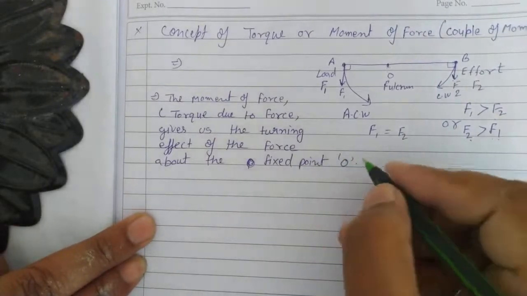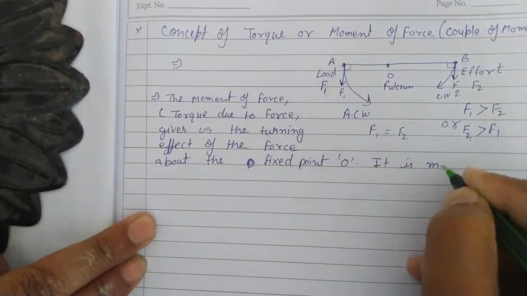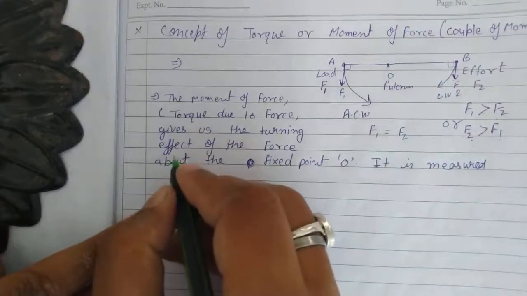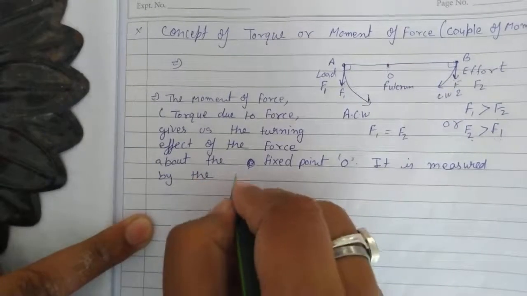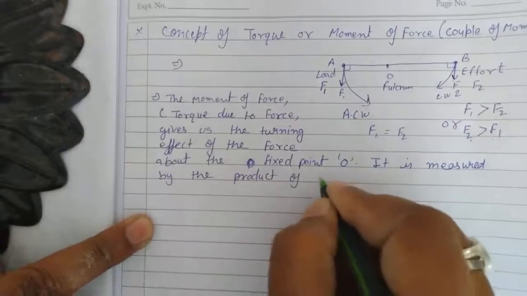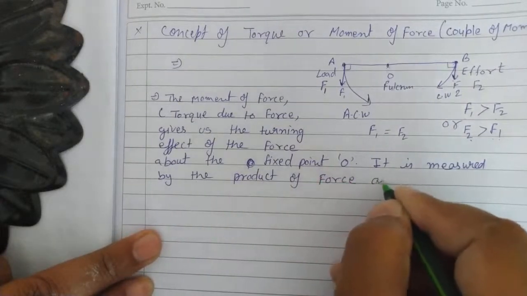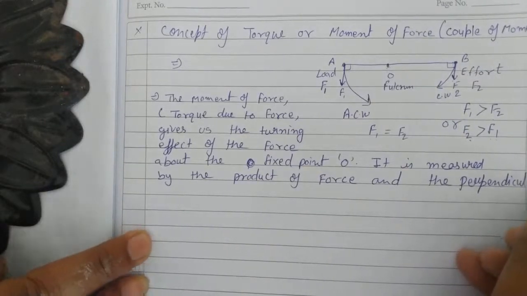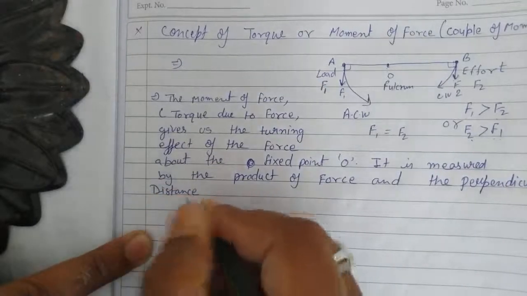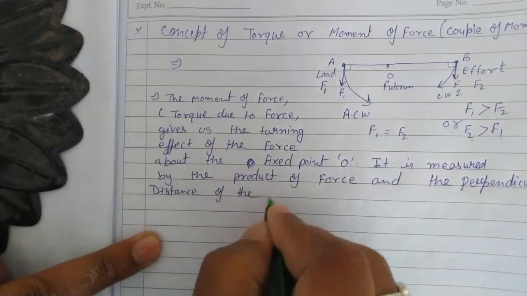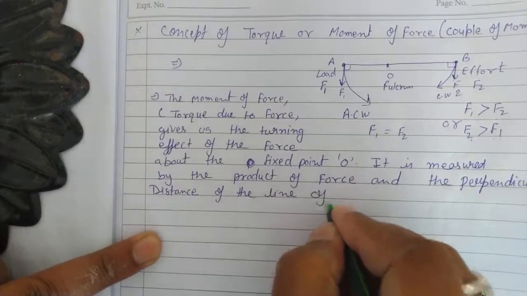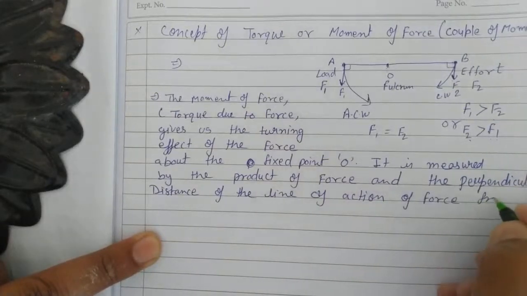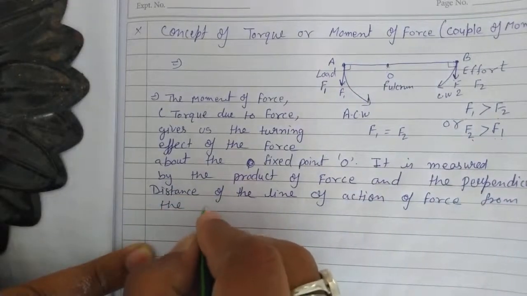It is measured by the product of force and the perpendicular distance of the line of action of force from the axis of rotation.